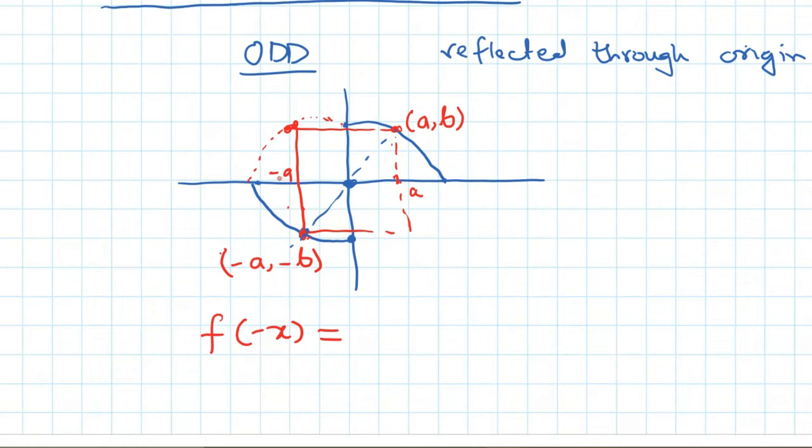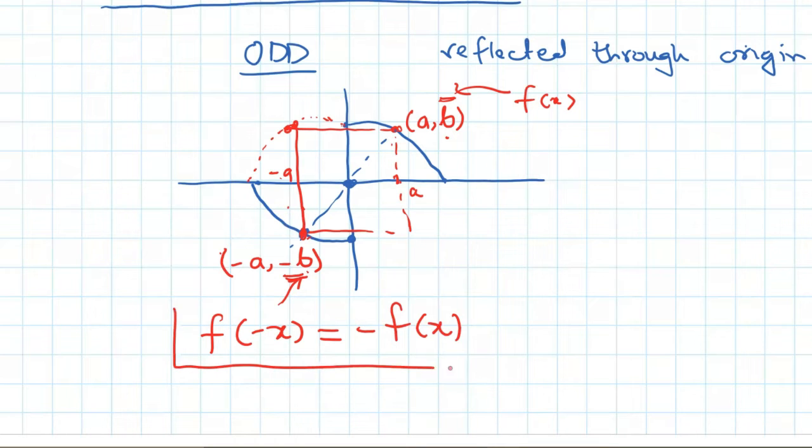If we replace it with negative A, that is f of negative X, what is that? How does this relate to that? See, this one was f of X, and this one is f of negative X. What's the relation between them? They're negative of each other, negative of f of X.